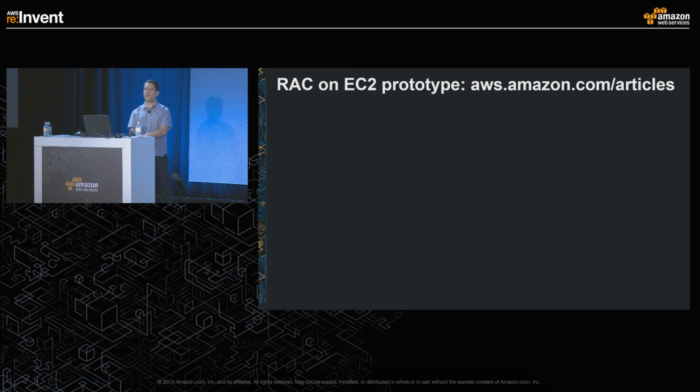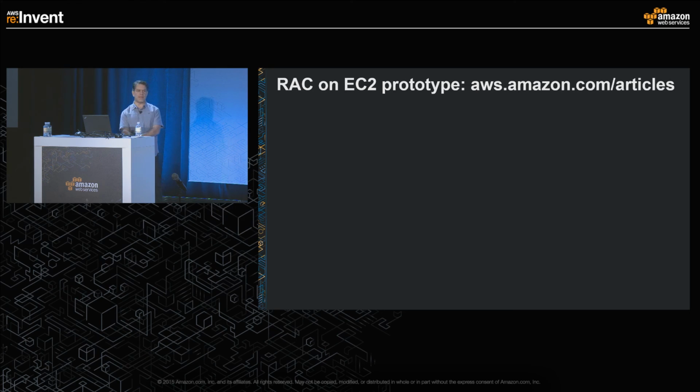In addition, we've provided 2 marketplace AMIs that you can get from the AWS Marketplace, and that tutorial gives you links directly to that. And one of those AMIs is for the storage server, and the other AMI is for the RAC nodes.